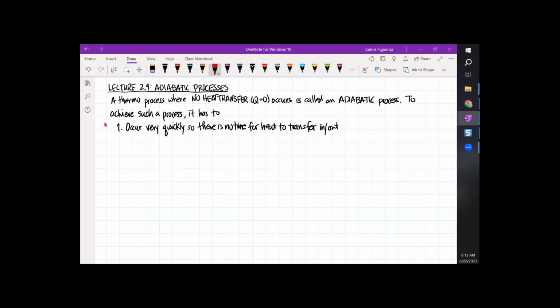And it turns out that this is the most common way. So when somebody talks about an adiabatic process, this is what they mean in general.